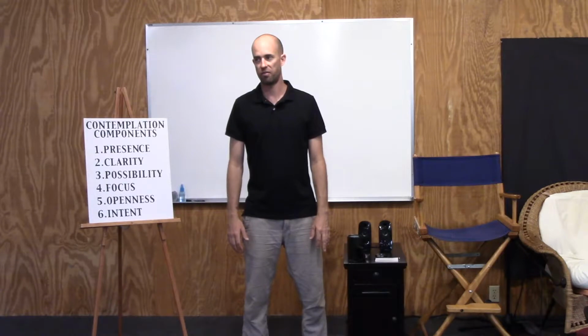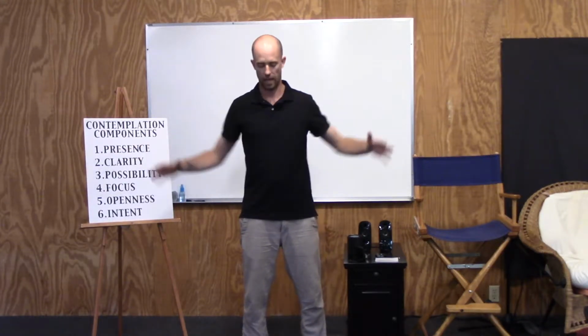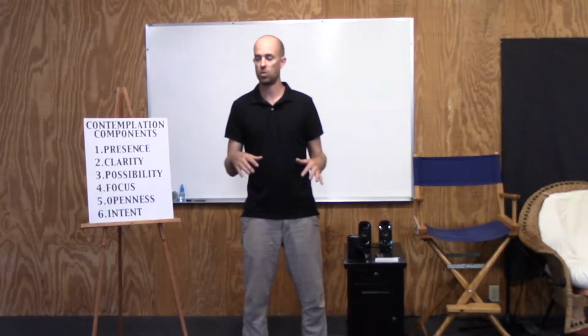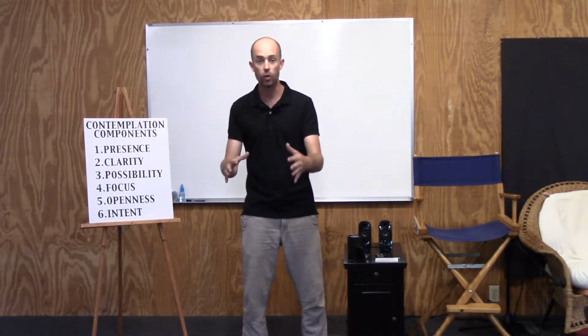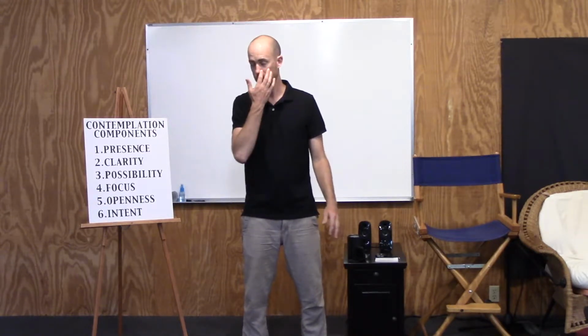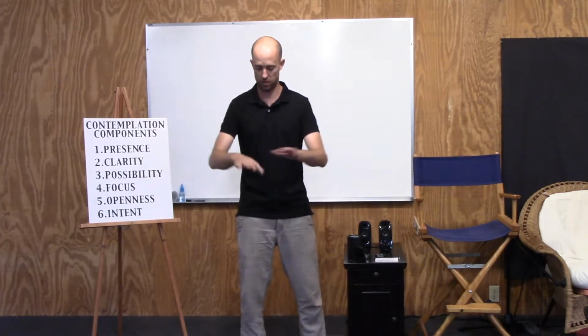For example, using this metaphor, if you had a table and you're clear, this is a table, it's covered with a cloth and there's bumps on the table, then you're clear that there's a cloth and bumps.